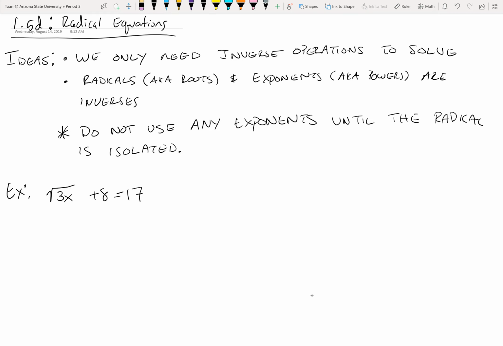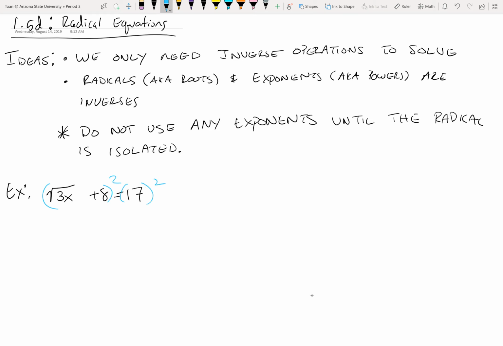Don't write this down because I'm going to erase it. Oh, I'm going to just square both sides. And mathematically, that's legal. There's nothing wrong with that. It's just going to make an ugly mess because we're using an exponent before the radical piece itself is isolated. If I were to highlight the radical part, this is the radical part. You do not want to do anything until that piece is isolated.